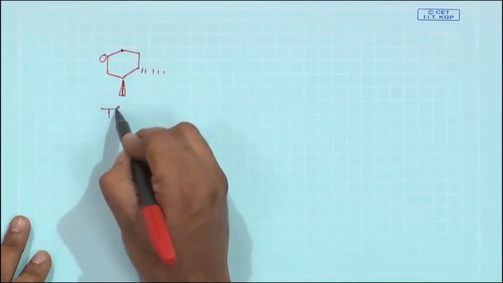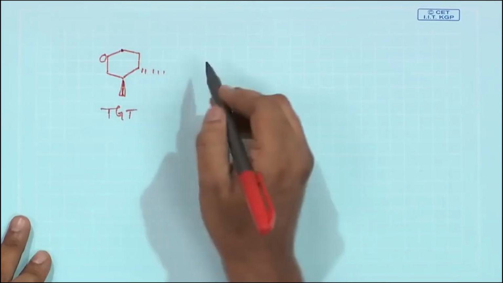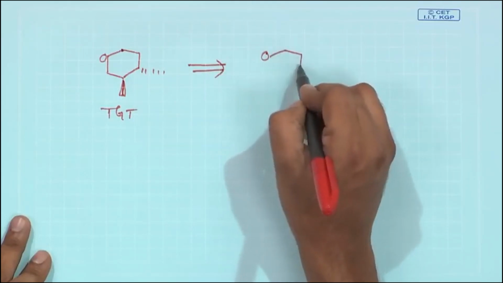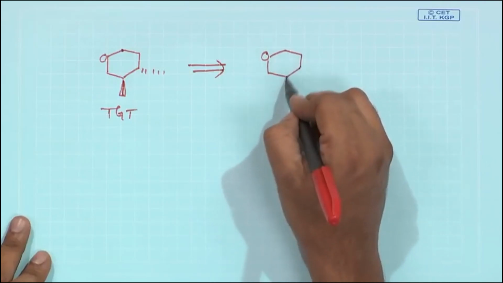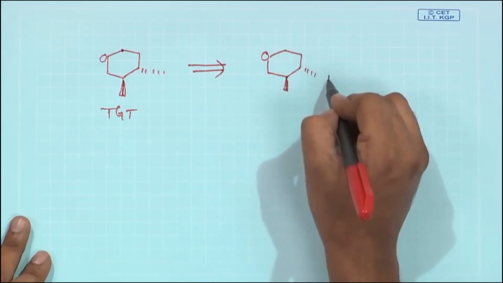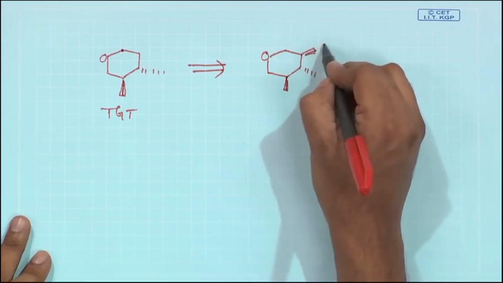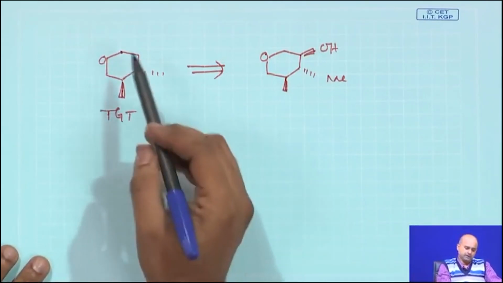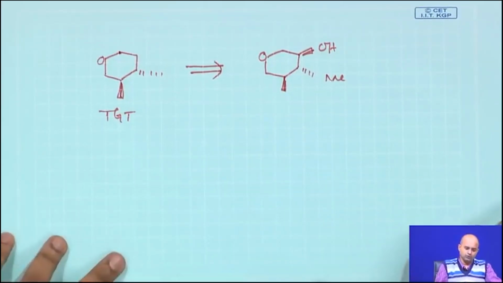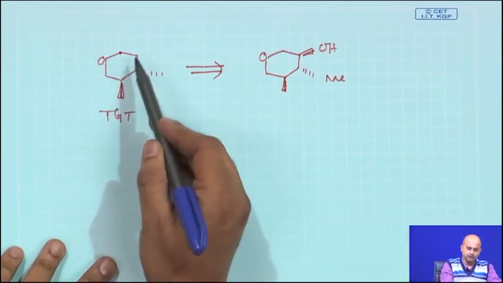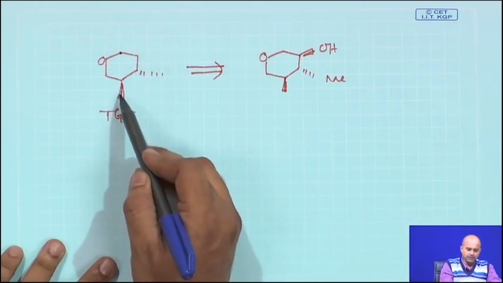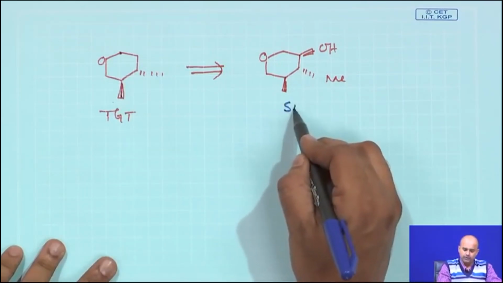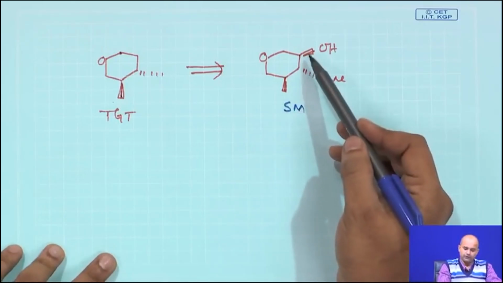Say the target molecule is something like this, and the starting material was given to you. The target does not have an active functional group. It has an oxygen ring, a tetrahydropyran ring, and has 2 methyl groups tied to each other. The starting material supplied to you has an alcohol functionality here.